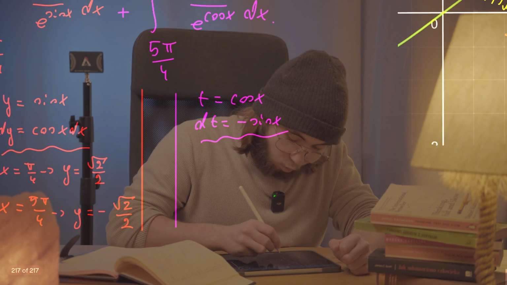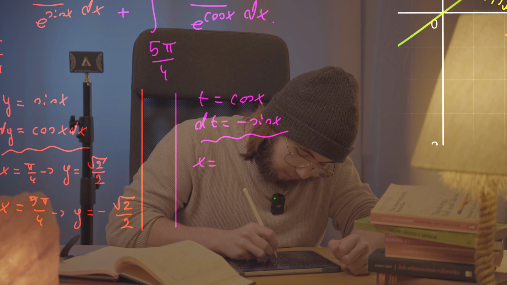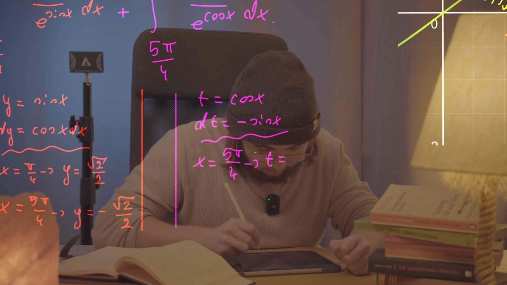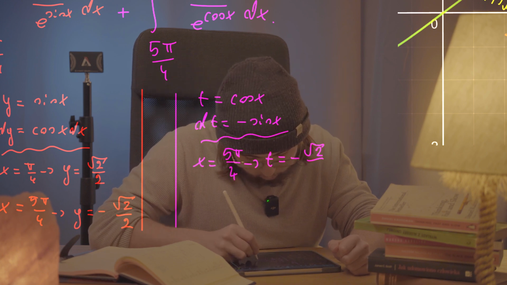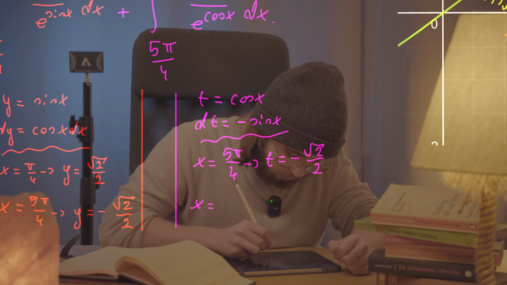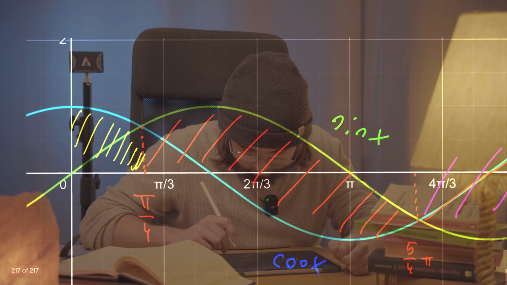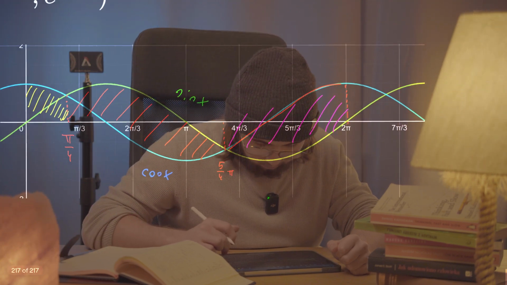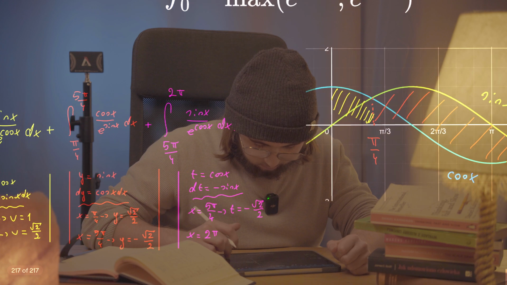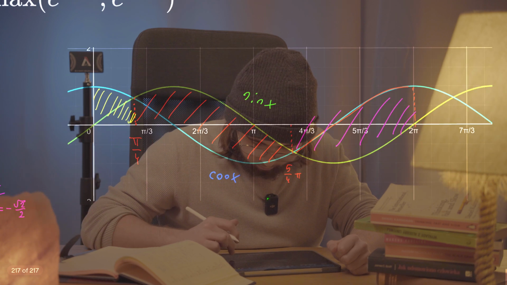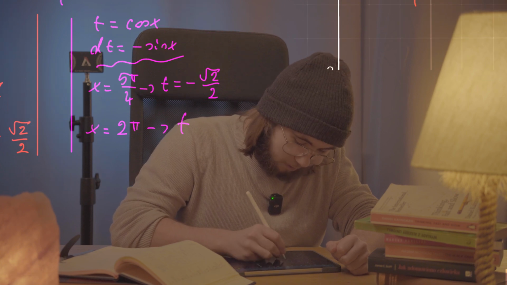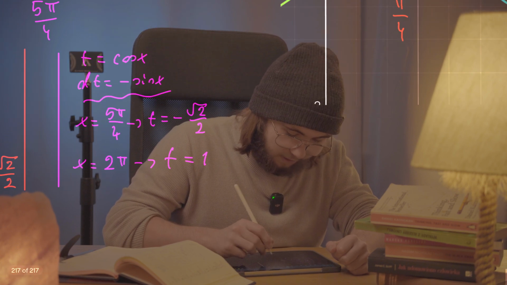And now whenever x is equal to 5 pi over 4, we're going to get t equal to negative square root of 2 over 2, and whenever x is equal to 2 pi, we're going to get... Cosine, yeah, 1. I'm not good at trig, I always forget it. So it's going to be equal to 1.